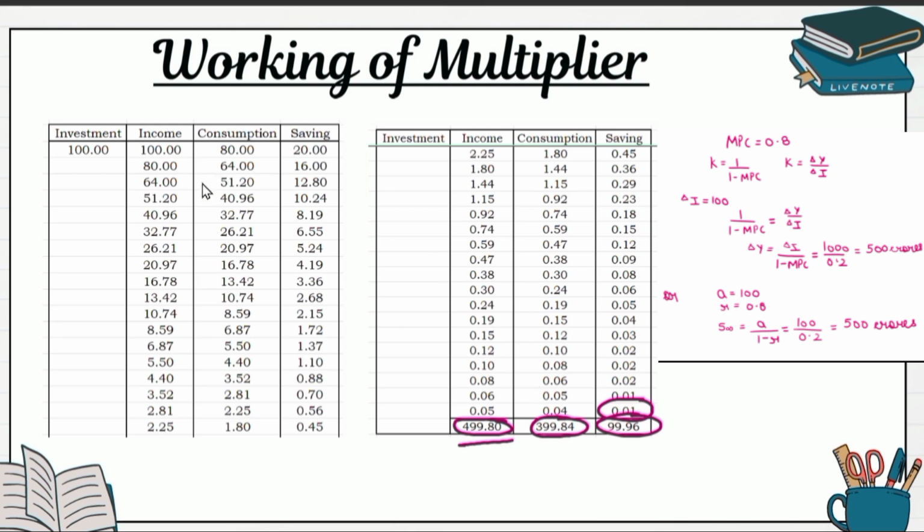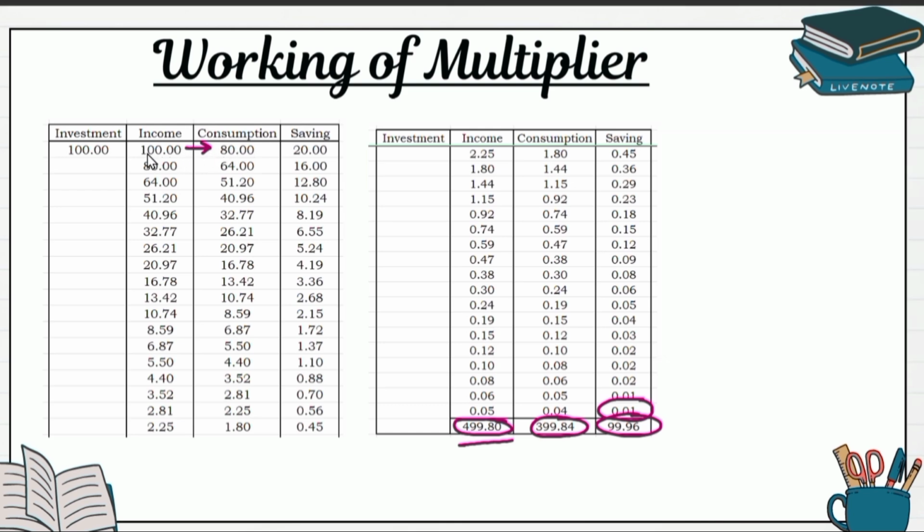A very important thing I am going to tell is, when I am moving horizontally with the arrow, from this to this, the horizontal arrow indicates increase in consumption due to increase in income. So we have 80 crores for consumption as the income has increased, right?